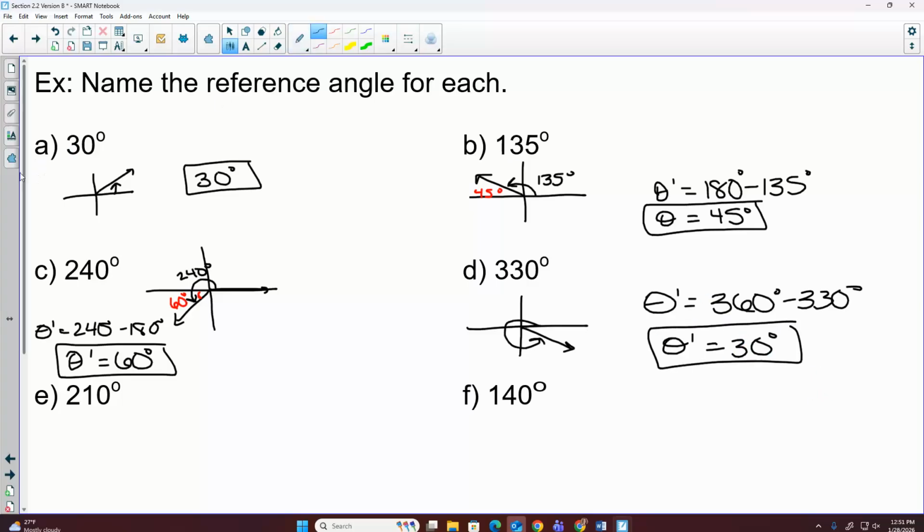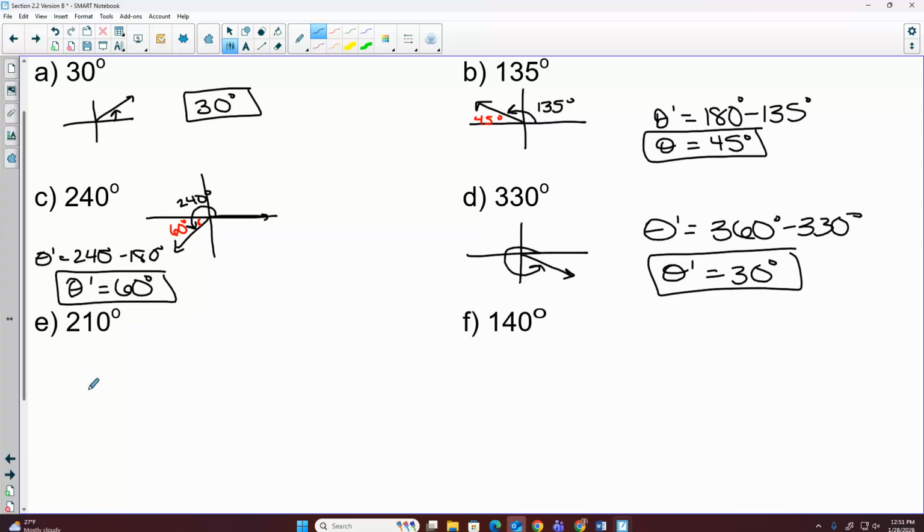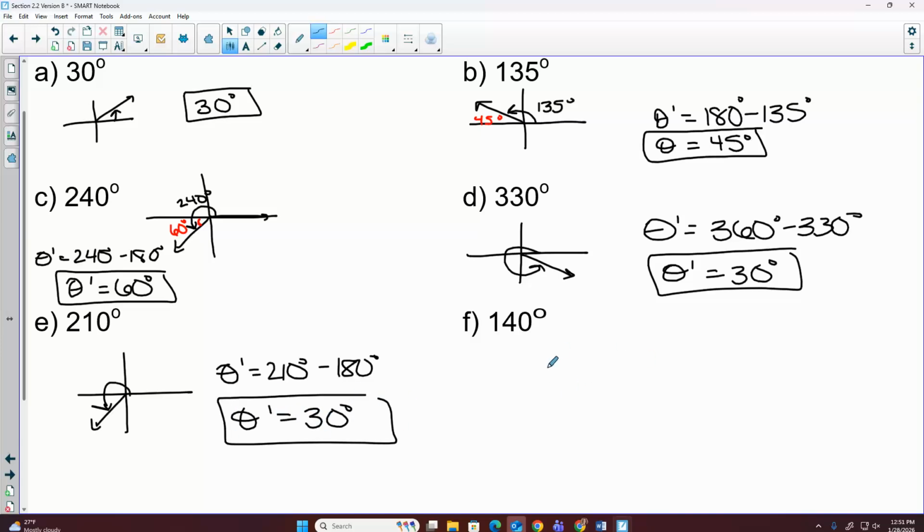Okay, if I said 210, what quadrant is that? So what would we do to get our reference angle? Okay, if I said 140, what quadrant is that? Second quadrant. How would I get my reference angle?